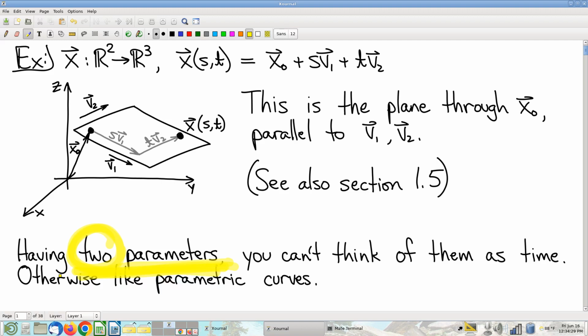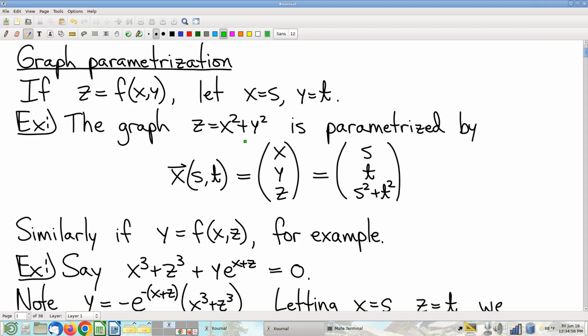That's one of those really confusing sci-fi movies. It's hard to follow, right? That would be a weird idea. So it's really not a useful idea to think of these as being time. Now we just are going to revert to, they're just parameters. They're inputs that allow you to change your output. So don't try to think of the time point of view on these. Okay. All right. And with that now said, let's talk about how to create parameterizations.